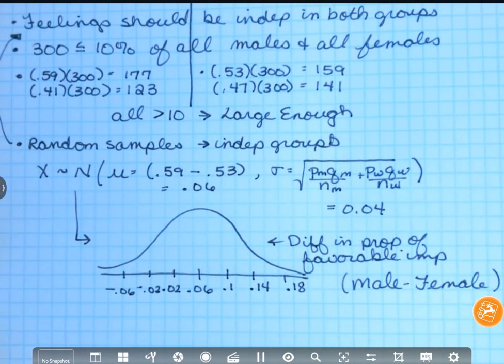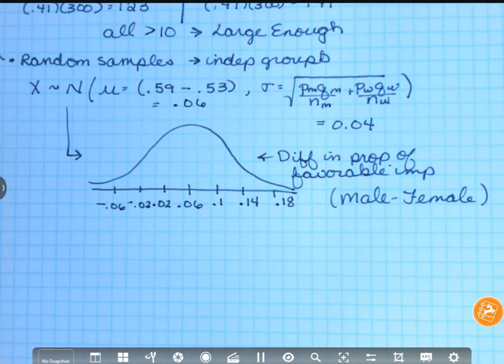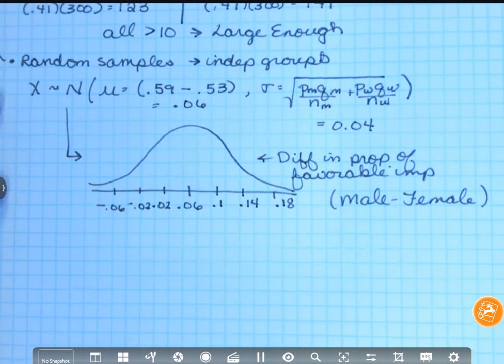Because this isn't like talking about a proportion of men, where no, you cannot have a negative proportion of men. But this is a difference. And if my numbers end up being negative, what does that mean about the proportion of males minus females? I'm sorry? Yeah, more females have that favorability.